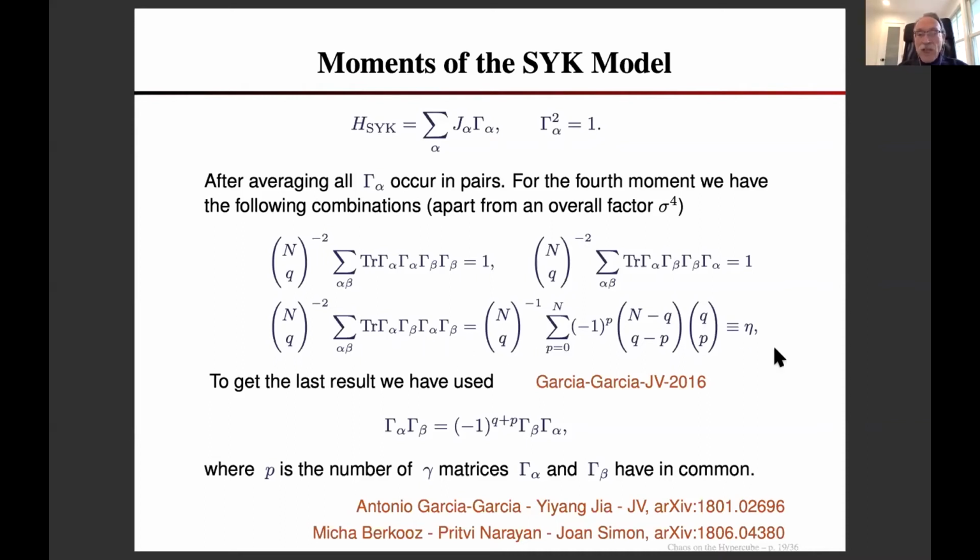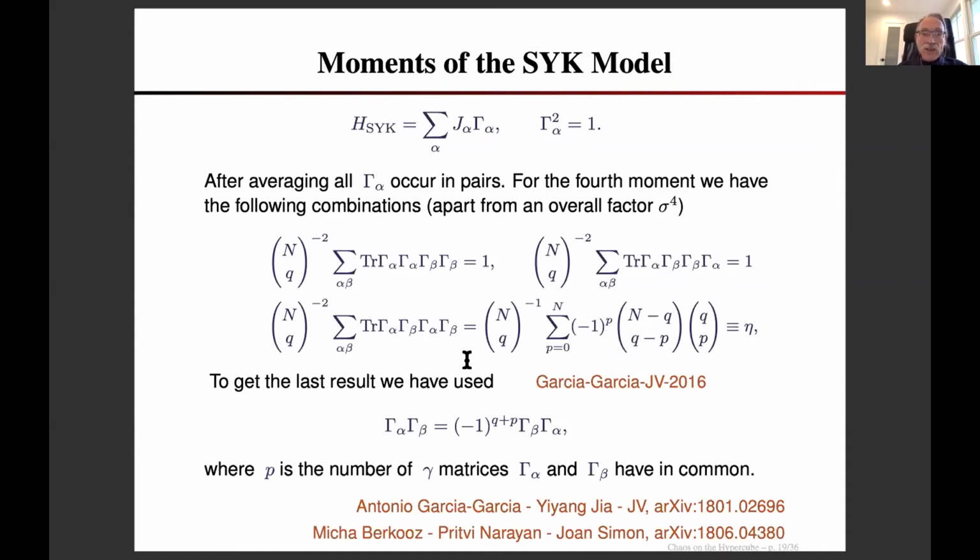If you count that, you find when there are p in common, there's a phase factor minus 1 to the p. The common ones are q over p, and the not common is given by this binomial factor. And this factor we denote by eta.